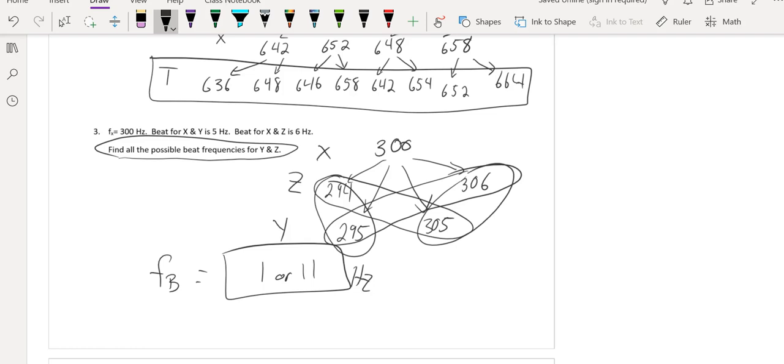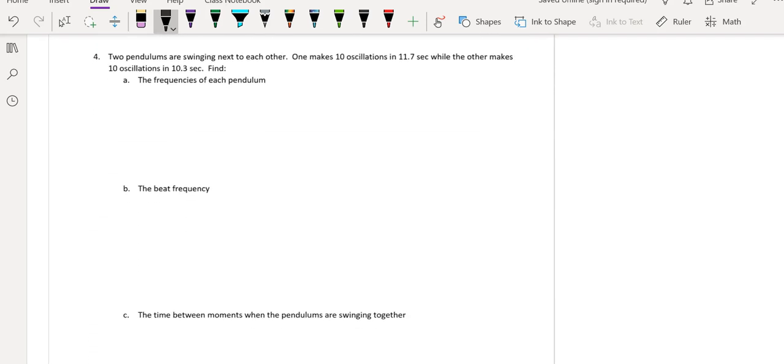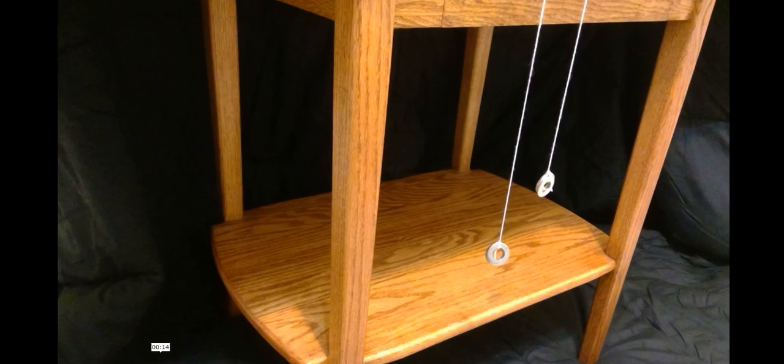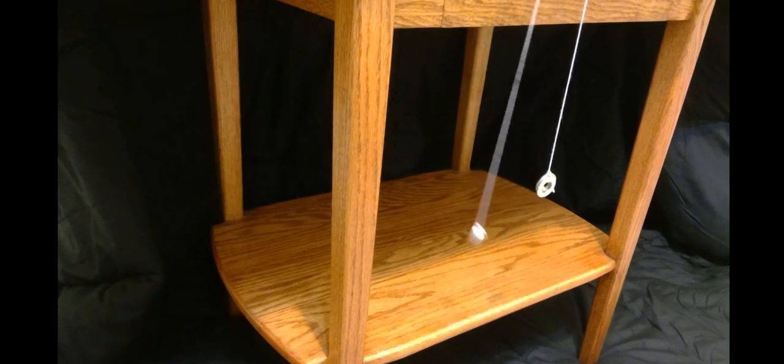Okay. Now, let's take a look at a system here where we have two pendulums. Okay, so we're going to look at a short little video on the two pendulums. We have two simple pendulums here. We have a long one with a longer period of vibration and a lower frequency.